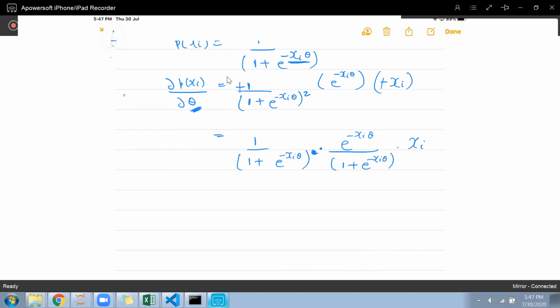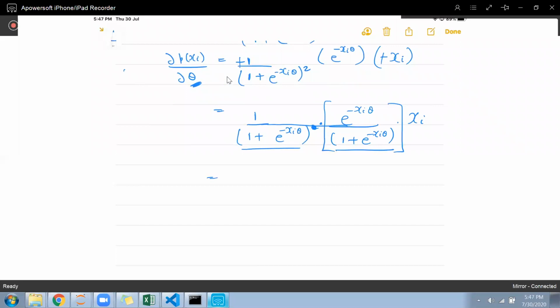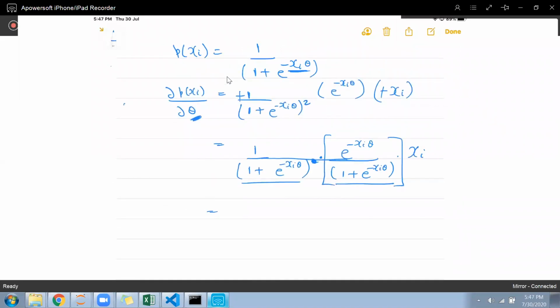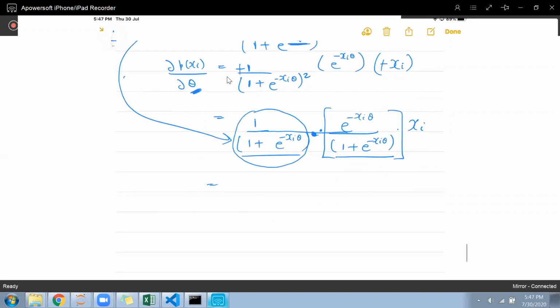I have divided this square term into two parts, this part and this part. So now I'm taking this part only. What is this part? This part I can write as p of xi, you know, this is the same as p of xi. So I'll write p of xi over here.